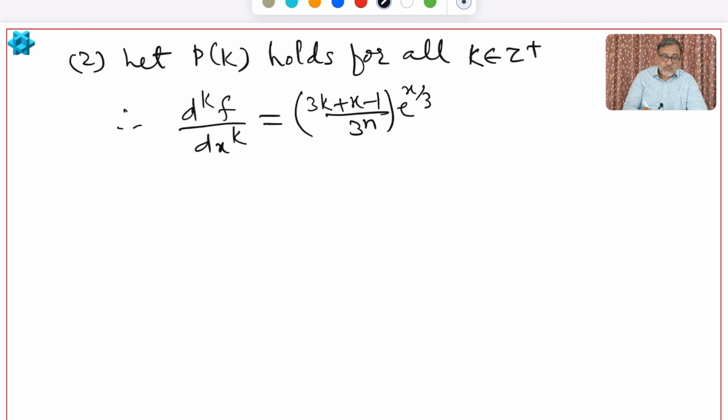Okay, now third step, for n is equal to k plus 1.